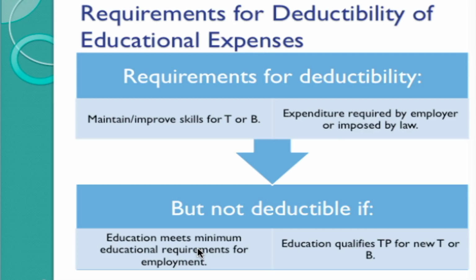That would be non-deductible. But if your employer says while you're working, hey, everyone in this field or in this position now needs to go out and do 3 hours of continuing education in this subject in order to stay current, that's how those two would be distinguished.